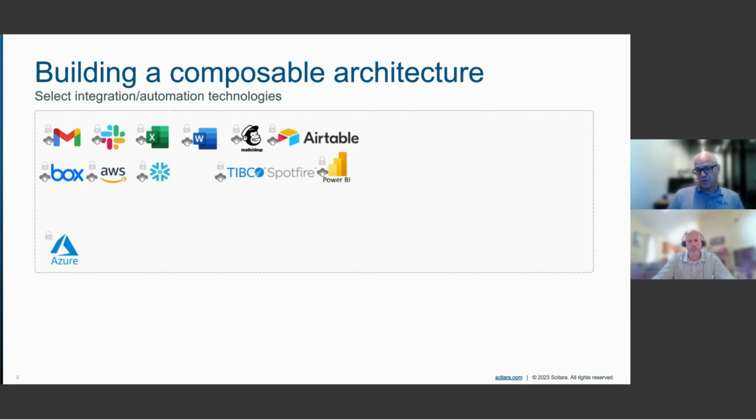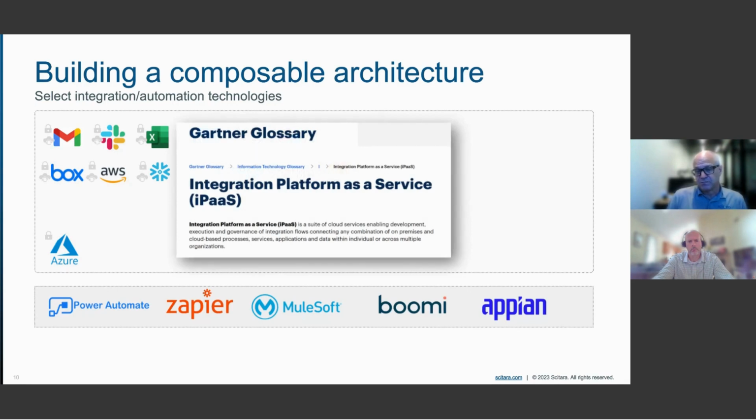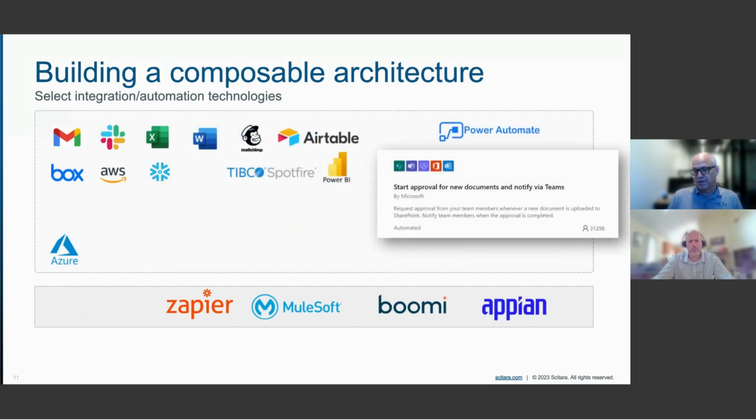Now that you've got them all authenticating and they have APIs, now you can use things like iPaaS. This is another term that's become popular: integration platform as a service. It's really the technologies that can stitch a lot of these cloud-based services together. Something like Microsoft's Power Automate is a relatively simple iPaaS that allows you to connect things like, when you receive an email, start something.